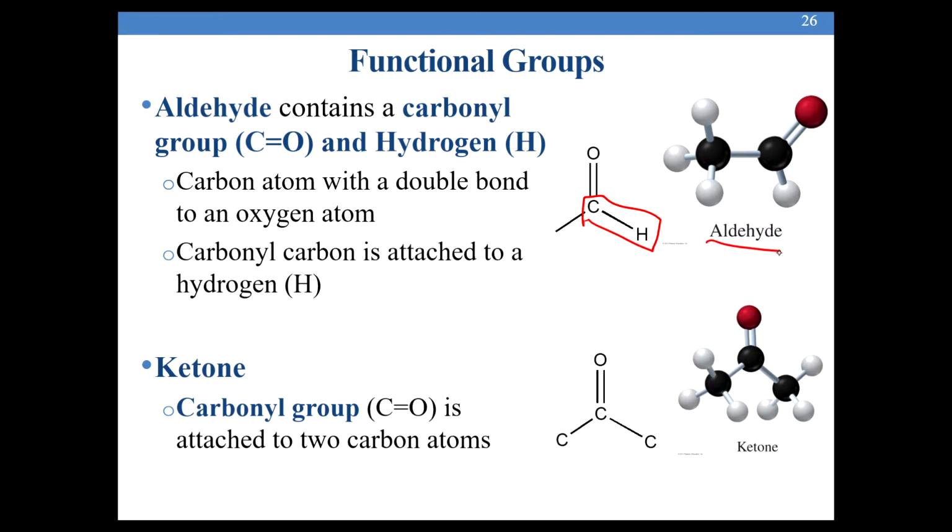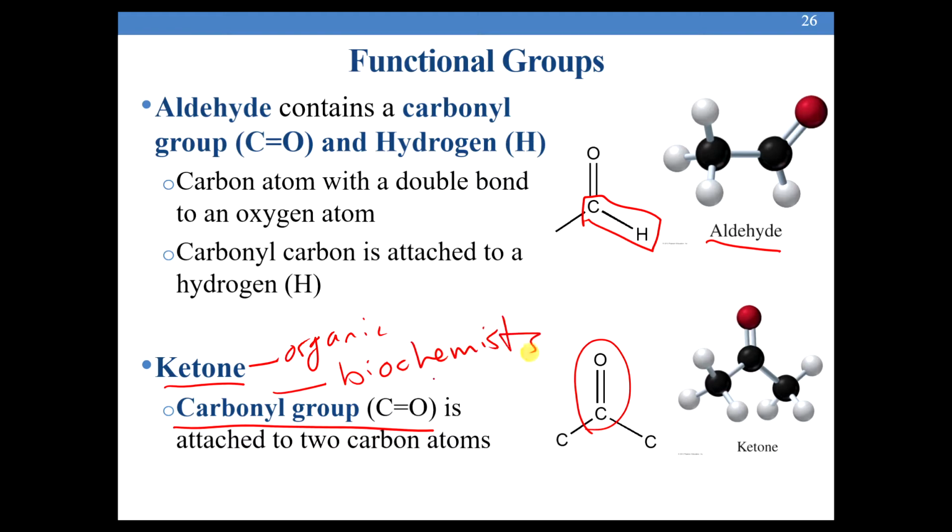This bottom half is an example of the functional group that only contains a carbon double bonded to an oxygen, which is called a ketone functional group, and you may hear it called a carbonyl group. Those two terms are used interchangeably. Organic chemists often say ketone, and biochemists often say carbonyl, but they are the same thing.